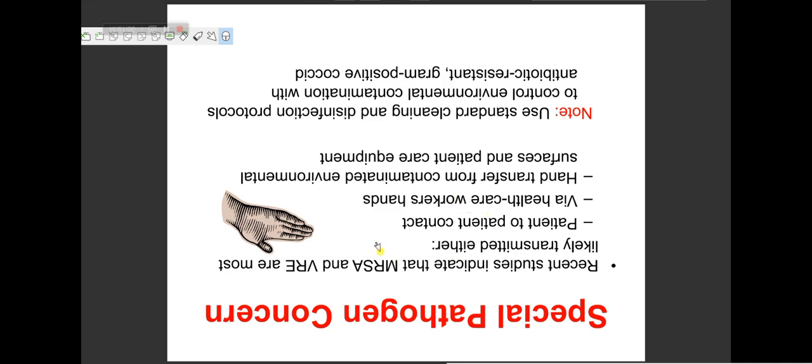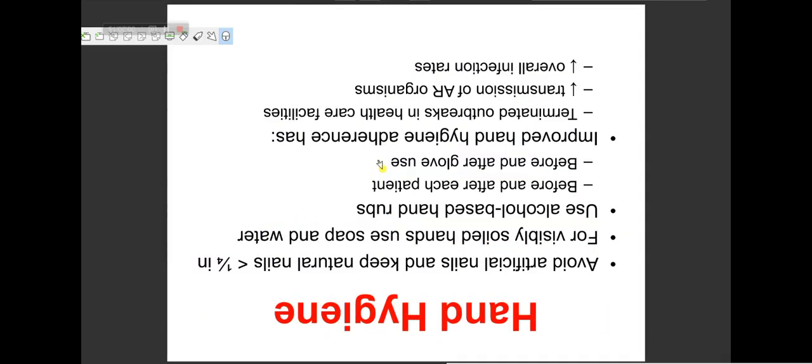Special pathogens concern: recent studies indicate that MRSA and VRE are the most likely transmitted, patient to patient, via healthcare workers, from contaminated hands or contaminated patient care equipment, right? That is why we should always clean and disinfect these equipments, and also always clean our hands, right?